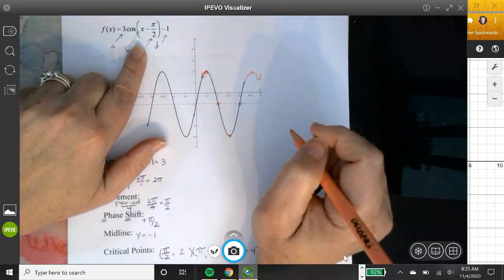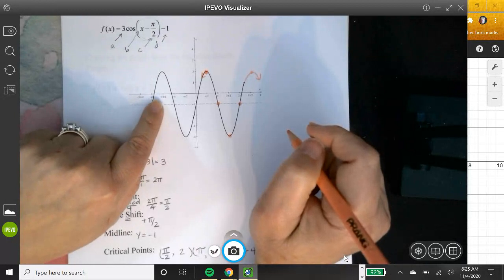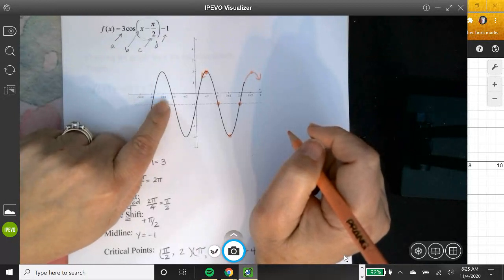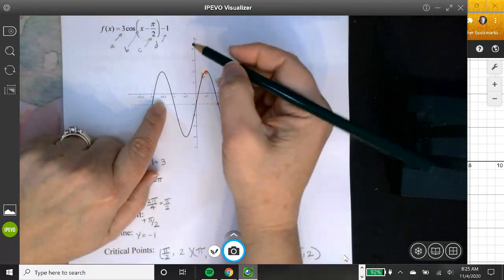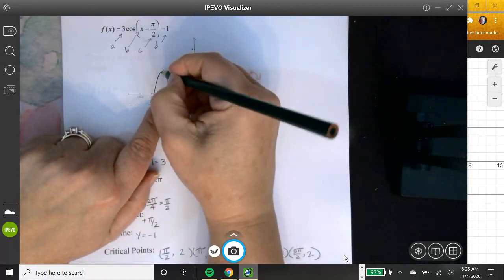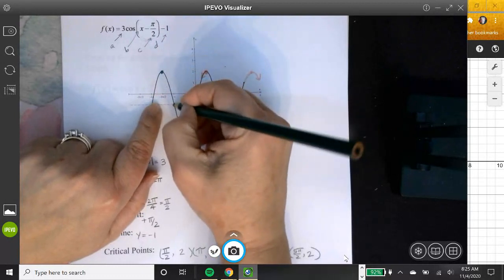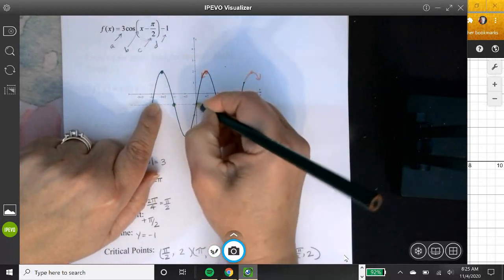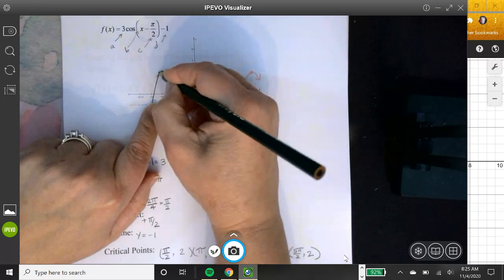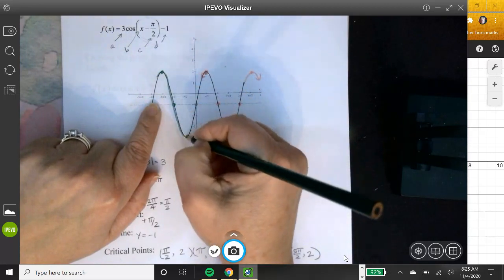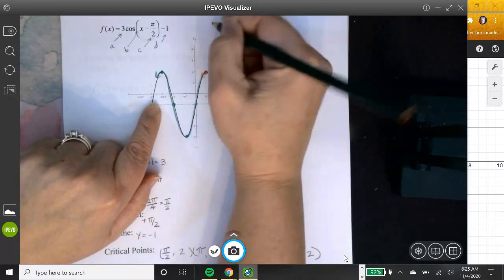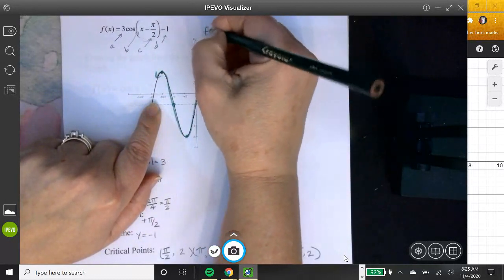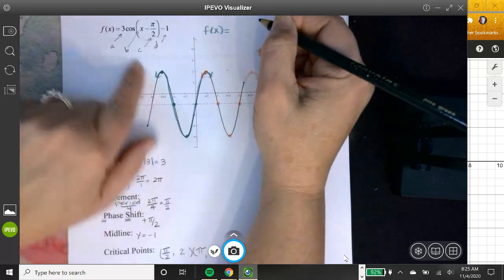Okay, could I have named it a different name? Sure, I could have had my phase shift here be at negative 3 pi over 2, right? Is this the same curve? It has different critical points. Sure does, doesn't it? But is it the same curve if I say f of x is also equal to, well, what's the amplitude of this curve?